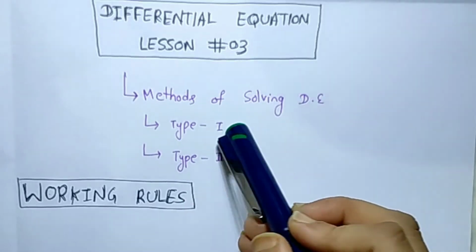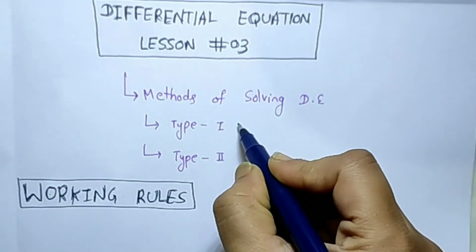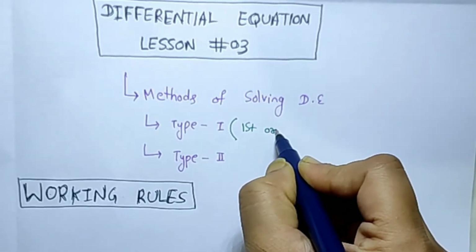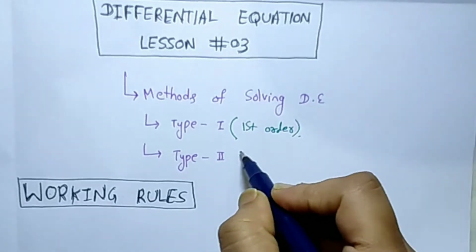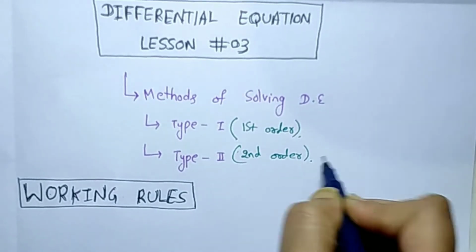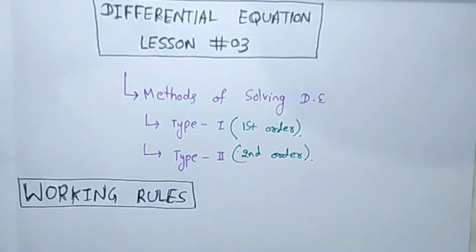There are two types, type 1 and type 2. Type 1 is solution of first order differential equation, and type 2 is second order differential equation. Okay, so let's get started.